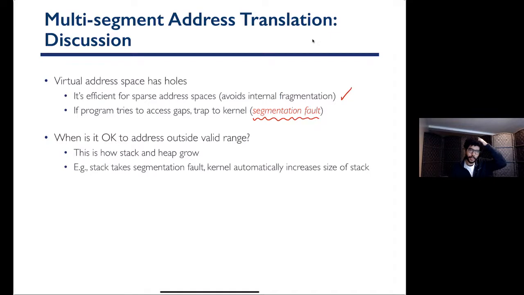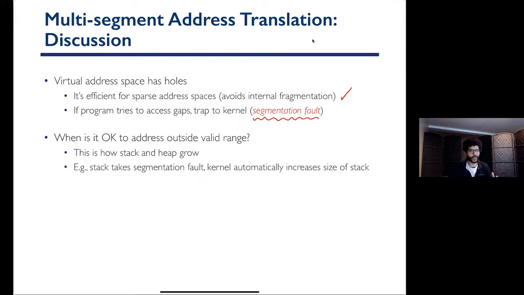The operating system might initially give you a certain limit for your stack, and if you go above that, then the hardware notices that you are going above the limit that the operating system has set for your stack or for your heap. At that point, the hardware goes and wakes up the operating system and says, okay, look, this program is accessing an address above its limit. What should I do? And then the operating system wakes up and looks at what exactly is happening.